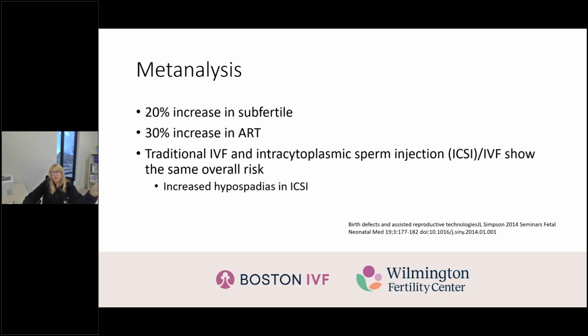What it seems to be, for me, I think of it sort of as a dose effect: the worse the infertility is, the higher the rates of birth defects, probably because the underlying etiology of infertility worsens. For example, the sperm count's decreasing, and the lower the sperm count, the more likely they need to use IUI, and if it's even lower, the more likely they are to use ICSI.